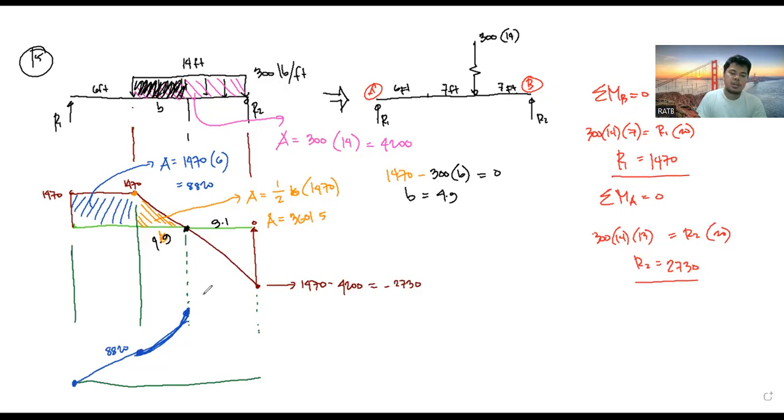So this point here is equal to 8820 plus 3601.5. So 8820 plus 3601.5, that's 12,421.5.